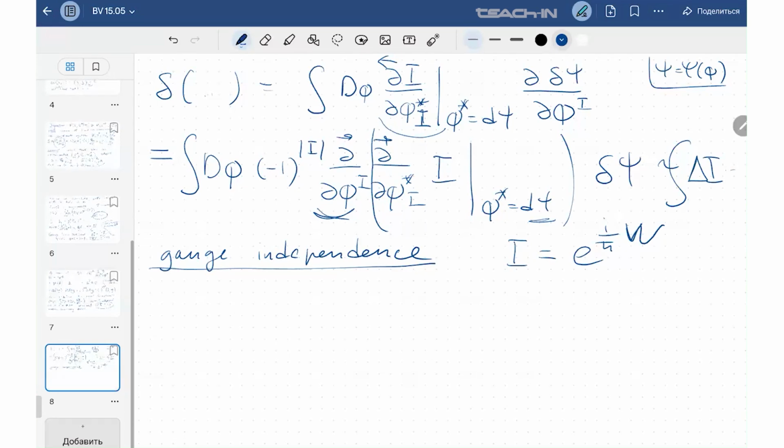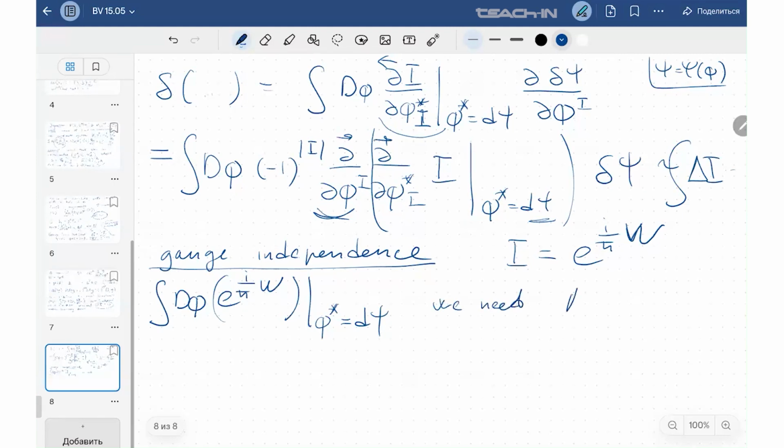So if we now form an integral, for instance, like this, d phi e to the i over h bar W, evaluated at phi star equal to d psi, in order for this thing not to depend on psi, we need this condition to be satisfied.